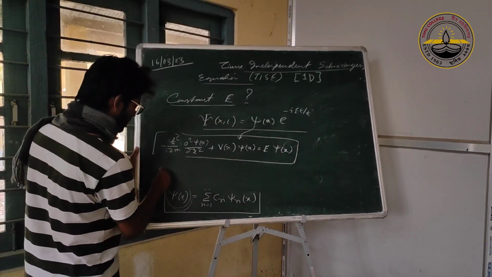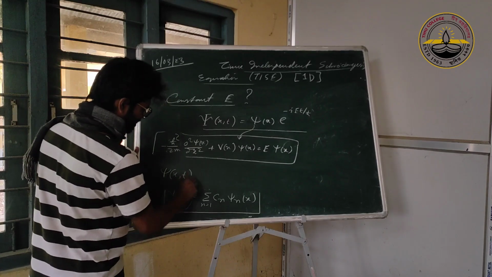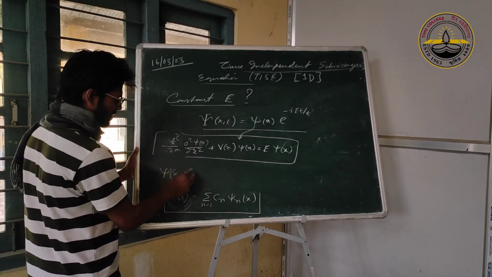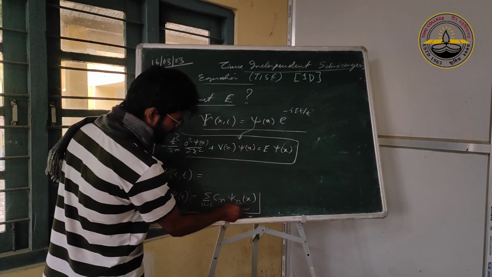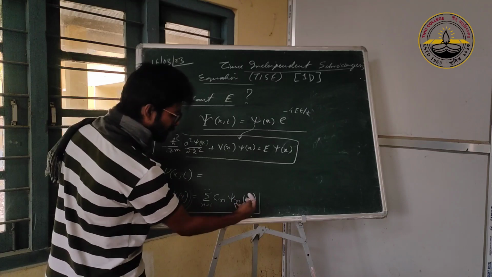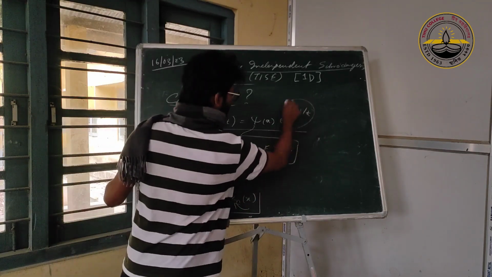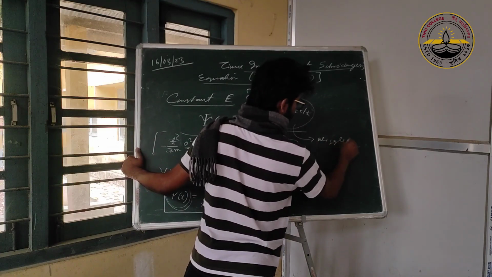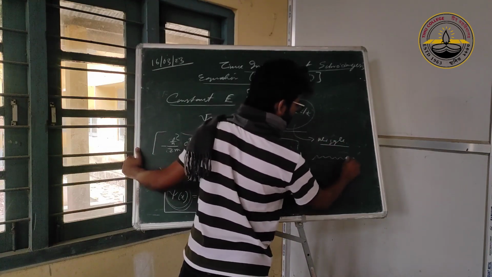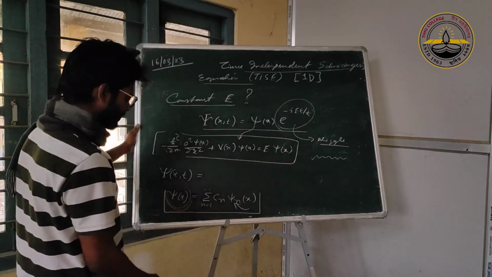And even more special is that you can get the most general solution, psi of x and t. All you have to do is plug in their individual time part. What is the time part? This thing, called a wiggle, an oscillatory function in time.